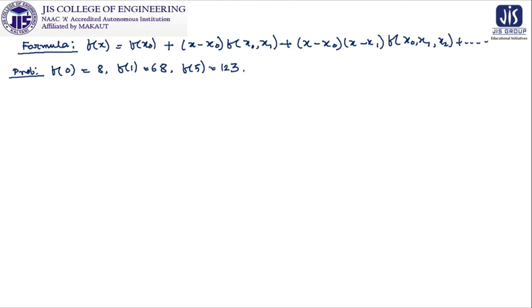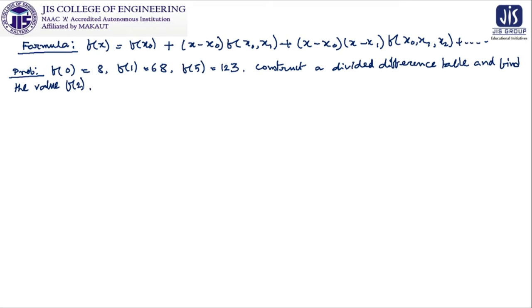So we have to first construct a divided difference table, and then find the value of f of 2. Okay, so there are two parts. First one is to construct a divided difference table, and second one is to find the value of f of 2.